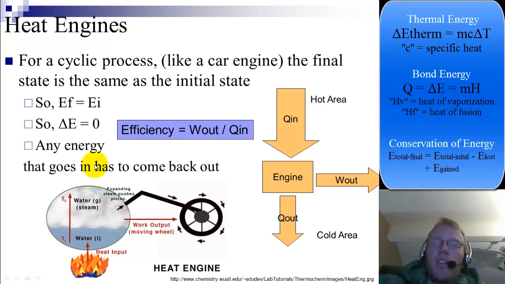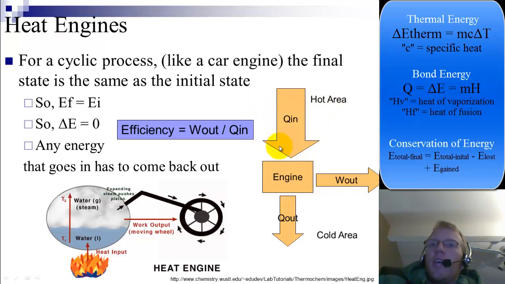Okay, so now if you look at how it actually operates, you've got energy coming in from some hot area. That's the actual ignition of the gas in the cylinder. So that blows up, creating a lot of heat. Then that expands the piston. Well, that's a force over some distance, right? So that means work is being done as the piston expands. And then you eject out the exhaust.